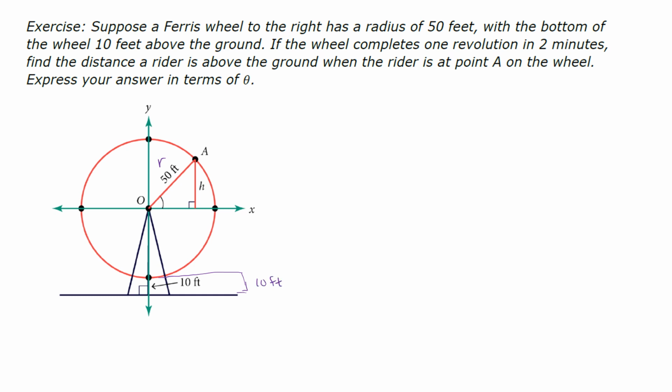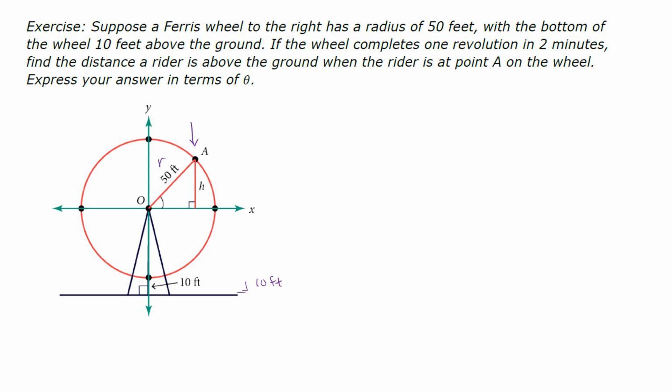If the wheel completes 1 revolution in 2 minutes, I mean if it goes all the way around, it takes 2 minutes. We want to find the distance a rider is above the ground when the rider is at point A. So this is point A right here. When the rider gets to that point, how high up from the ground are they?